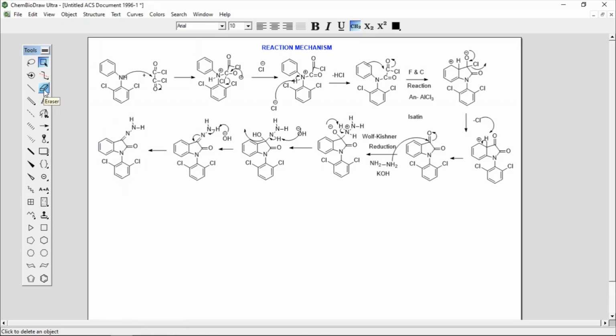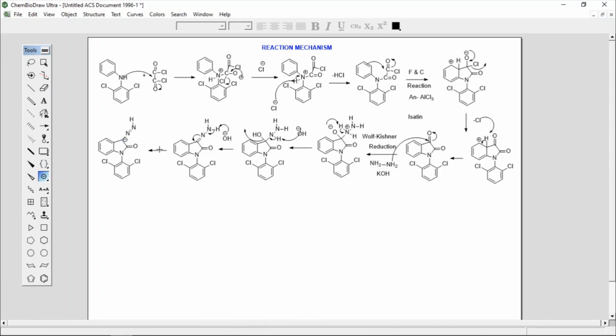So in the next structure, there is a double bond between these two nitrogens, and there will be a single bond between this carbon and nitrogen, and a negative charge on this carbon.